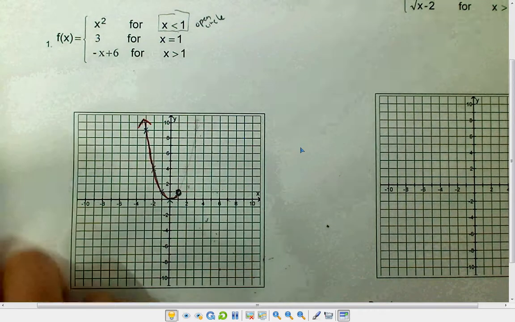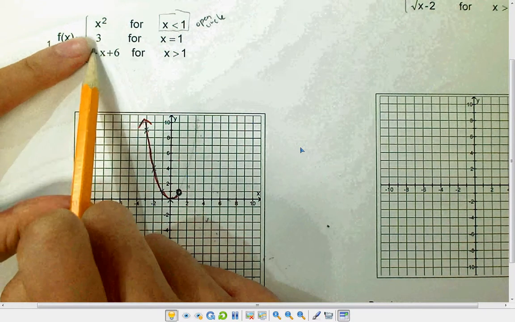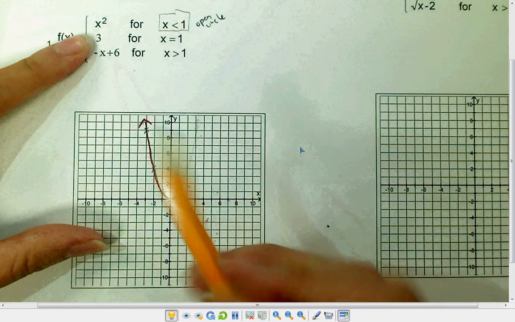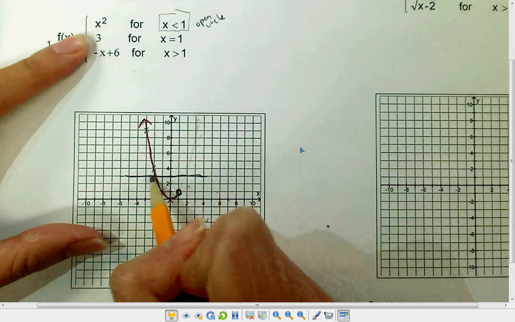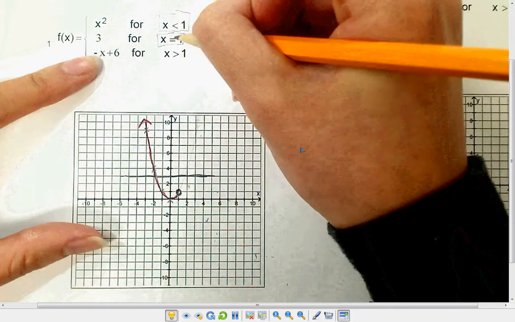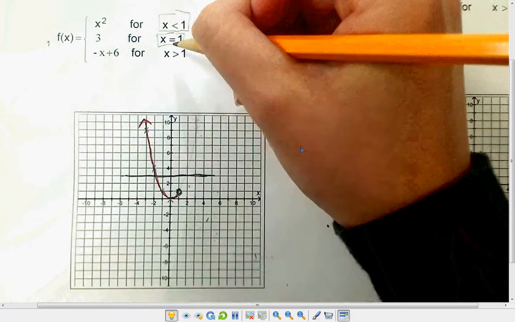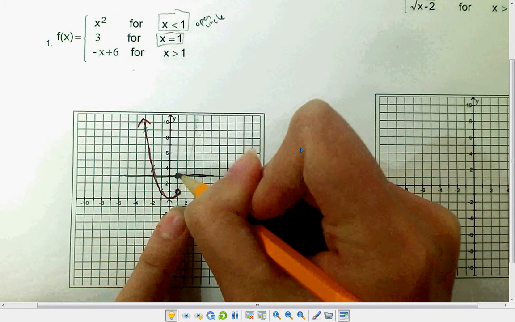For the second piece of my graph, I'm using y equals 3. So y equals 3 is actually just a straight line, right at the y value of 3. For this one though, I only want this to exist at x equals 1. So only exactly at 1 do I want this to be here.